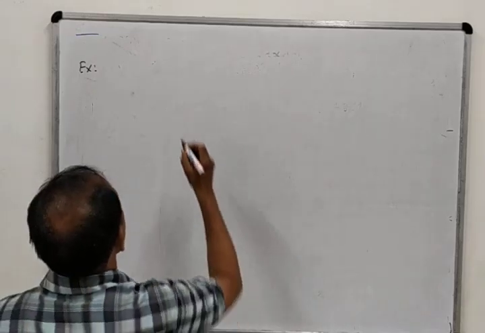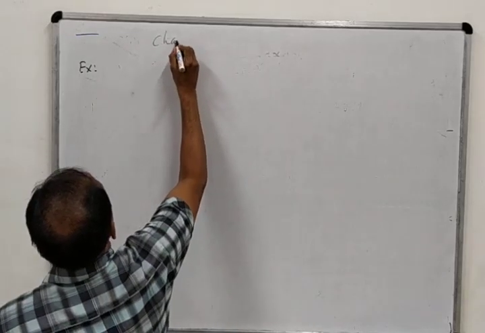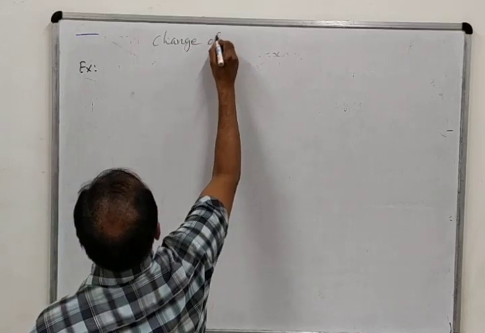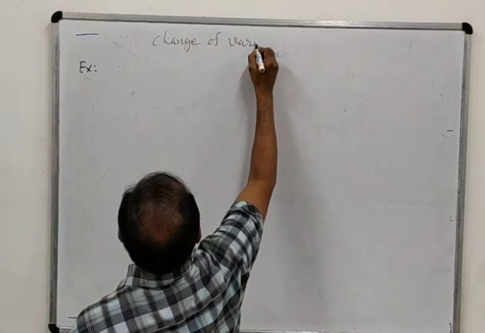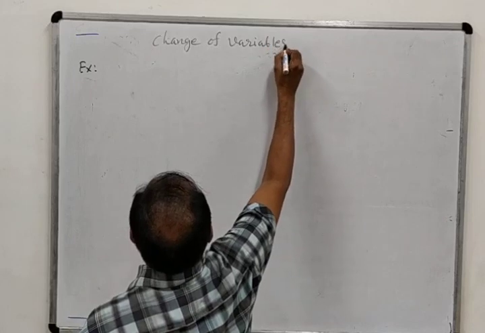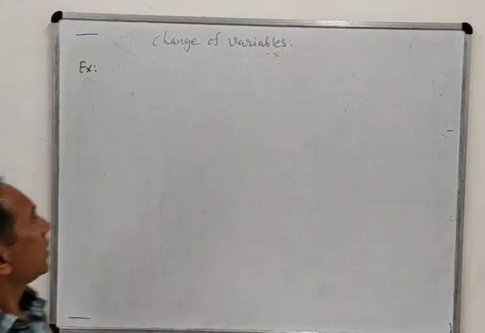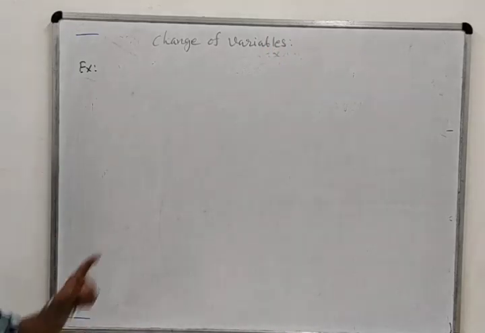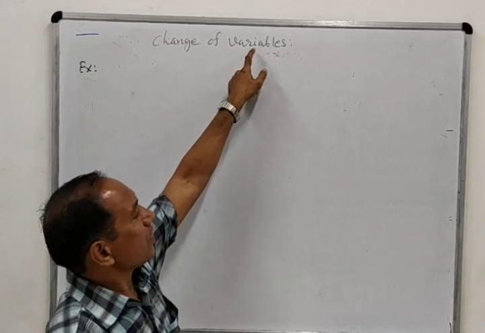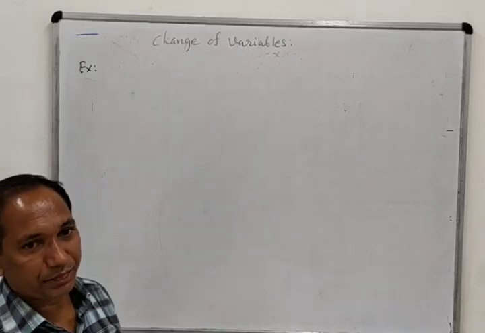Now, let us see other examples of this kind, change of variables. Change of variables, that means variables. See, focus on the word variable. We want to change the variables.